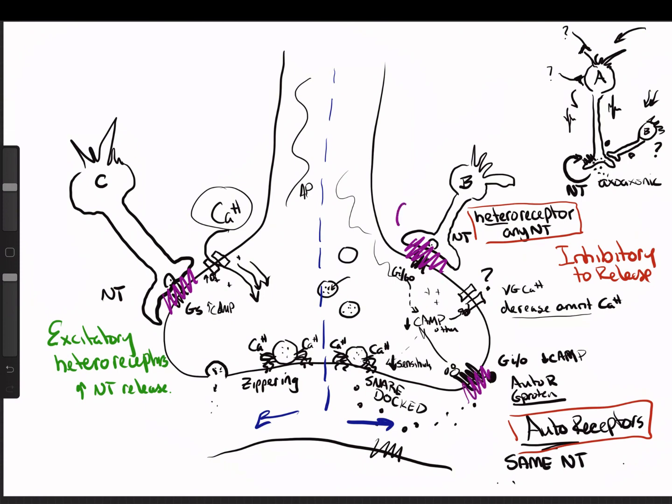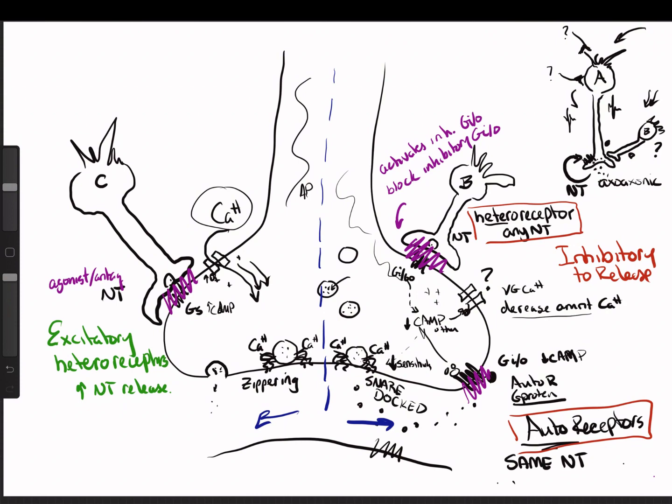We can either use an antagonist that blocks that receptor, or we can use an agonist that activates it. By doing so, we can change the amount of neurotransmitter being released at that nerve terminal. And same thing over on the left side with excitatory heteroreceptors. We could use an agonist to that receptor or an antagonist, and we can change its input onto neurotransmitter release.